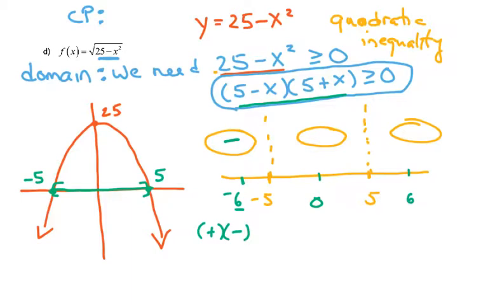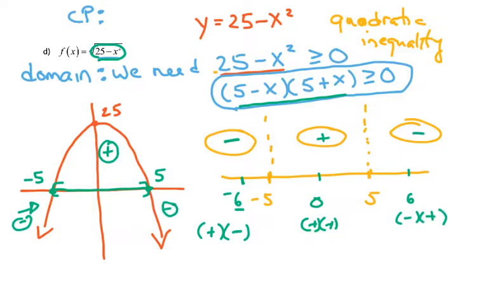We're talking about the sign of the expression under the square root. And you can see it is negative over here, below the x-axis. When we put in 0, of course, we get positive times positive, which is positive, and that's the region in here. And when we put in 6, we get negative times positive, which is negative, and that's the region out here. So all this was to find the domain.